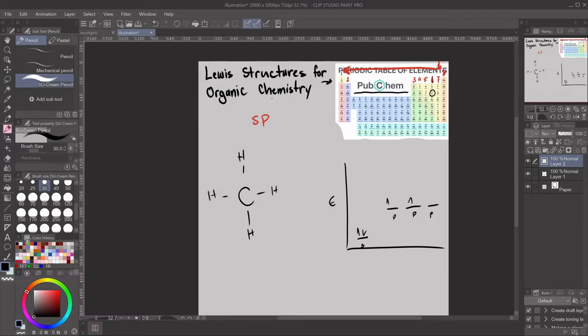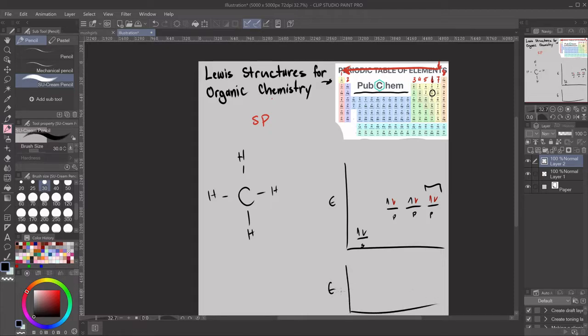So the idea here is if we were just doing this straight up, we were just looking at this and we were just filling this in with our electrons from our hydrogen, we would see something like this. However, if we look here, we would see, well, hydrogen can't really pair an electron with itself. As a result, what's going to happen is these p orbitals and this s orbital are going to kind of get mixed up.